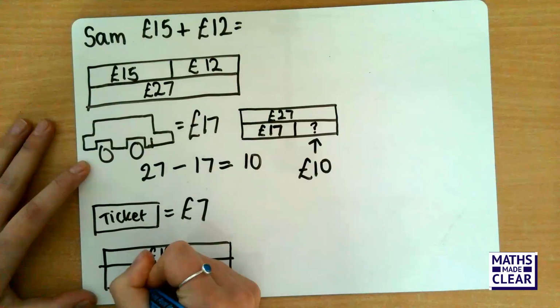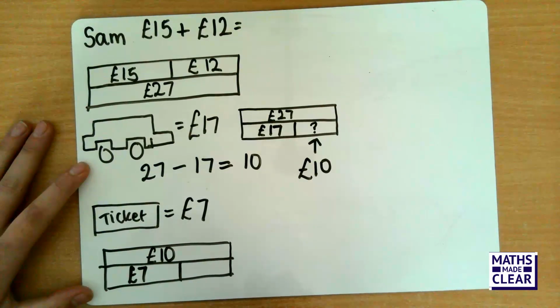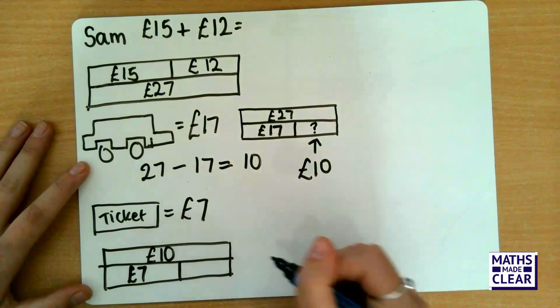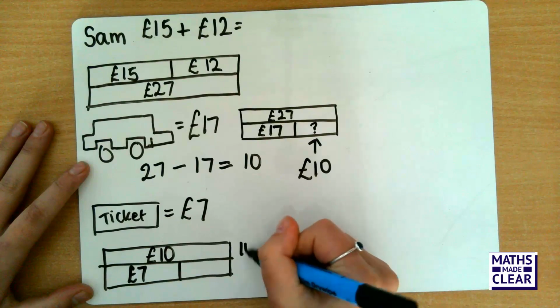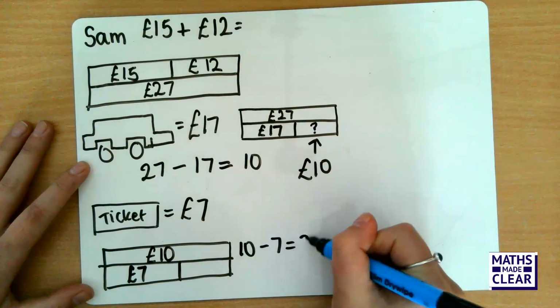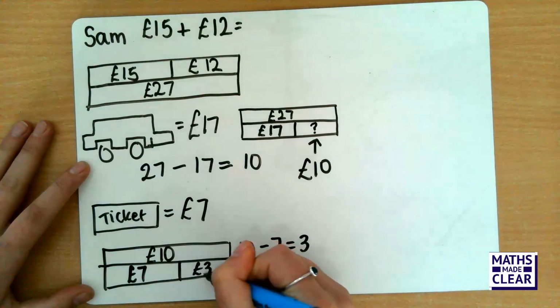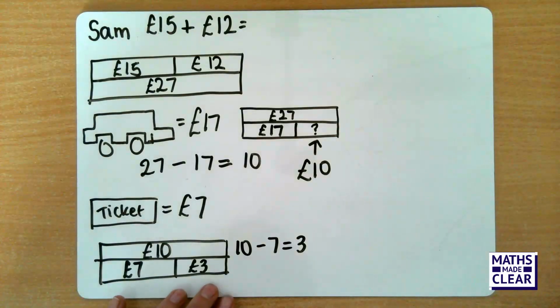We're going to split this bar model in half to show that £7 has been used for the cinema ticket. We're going to now work out the difference between 7 and 10 to see what Sam has left. So we could do 10 take away 7, which equals 3. Sam now has £3 left. That's how much change he would get.